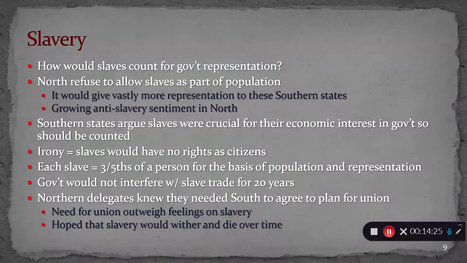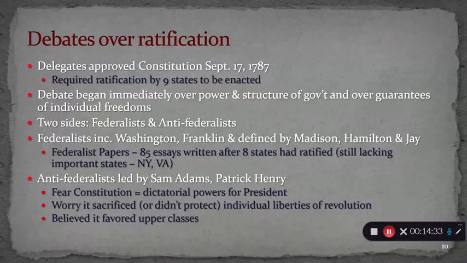But with slavery being settled constitutionally, that's really the other major debate that the delegates have at the time. And so they agree to the Constitution as it's written in September of 1787. But from that point, the real challenge is convincing the states to ratify the Constitution.